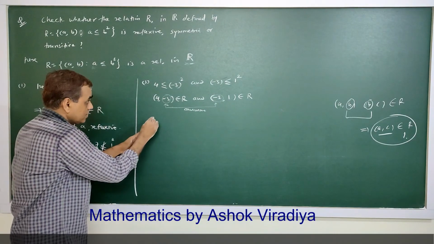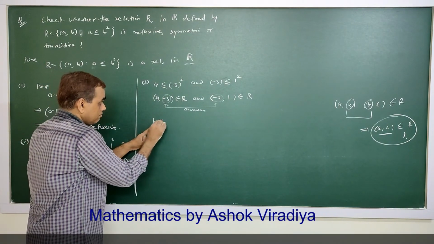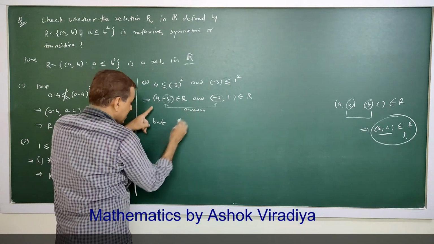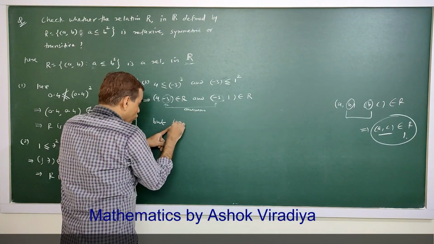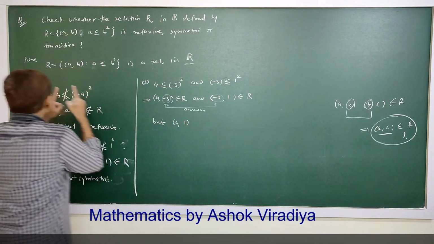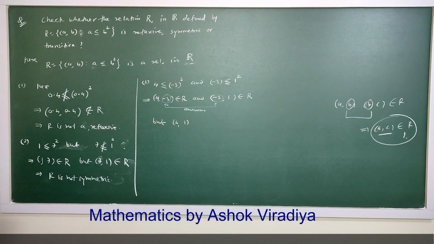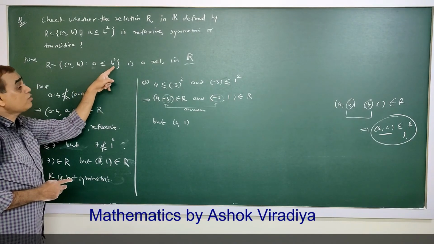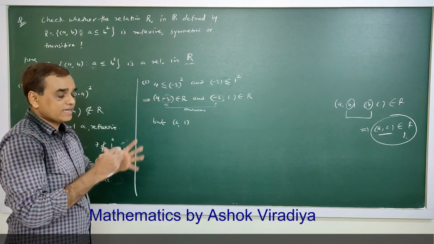But say here (4, 1), does (4, 1) belong to R? (4, 1) belongs to R if 4 is less than or equal to 1 squared.